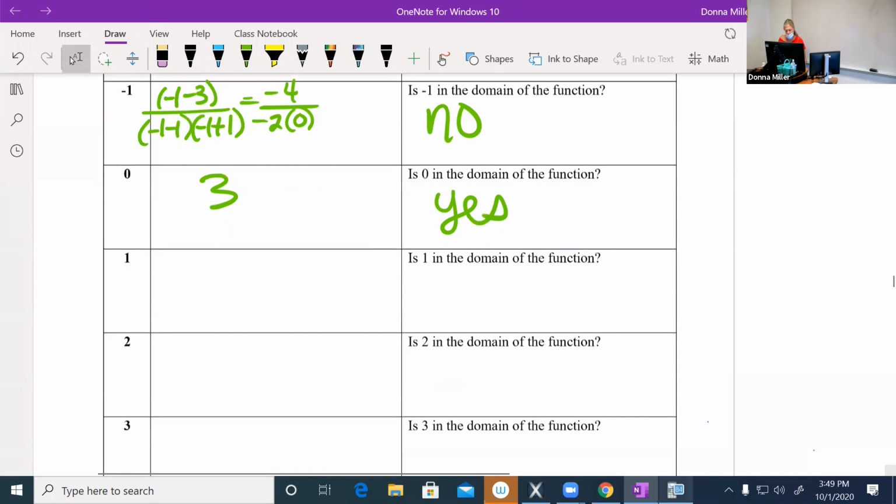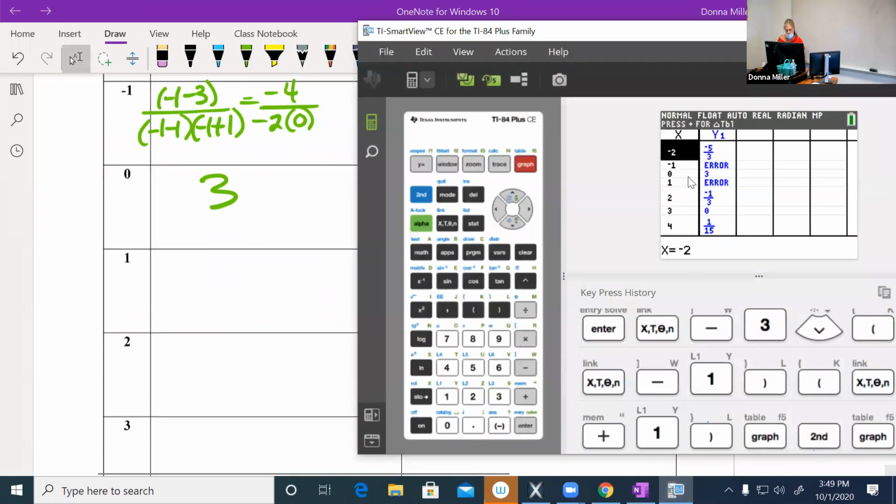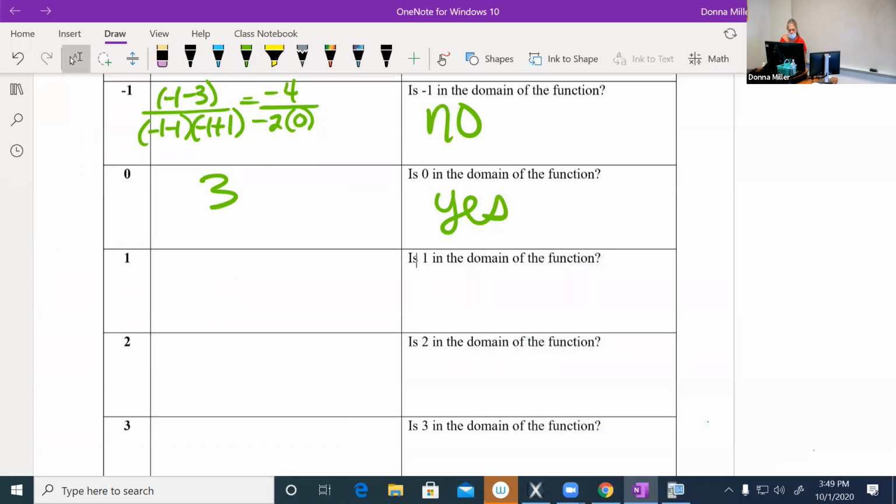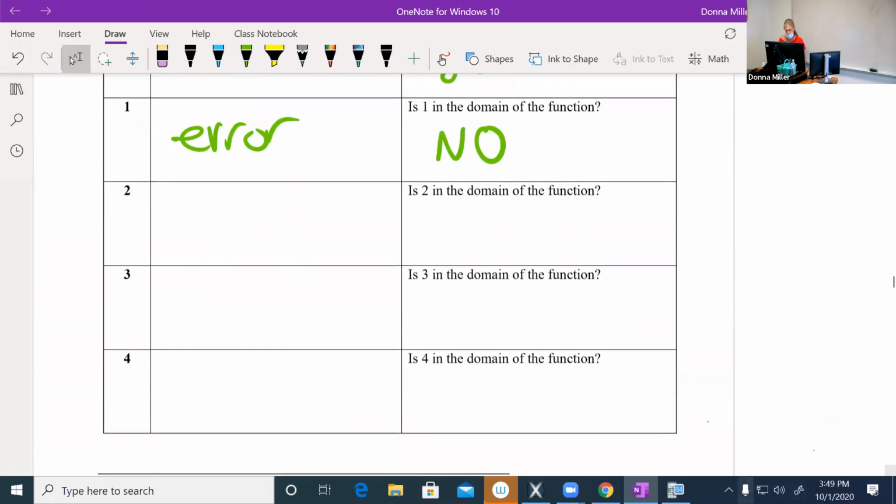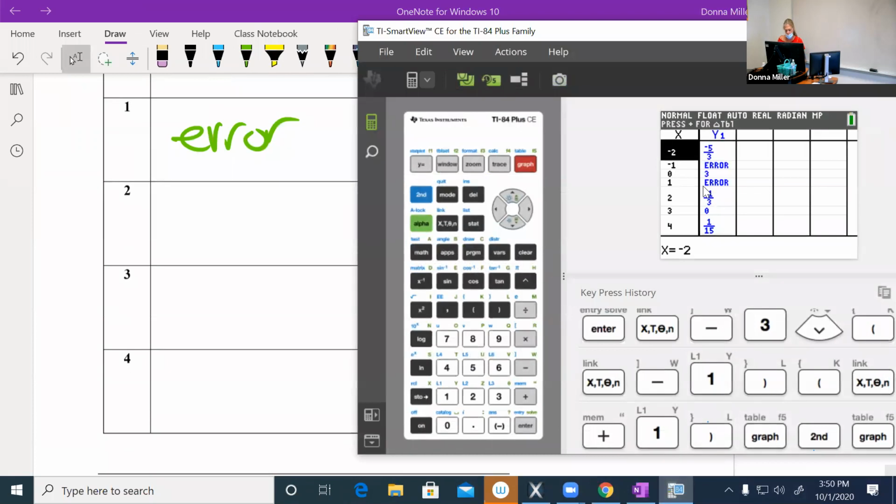Is 1 in the domain? Let's go to our calculator. See, 1 has an error. So 1 is not in the domain. That's another vertical asymptote. All right. Let's see, 2, 3, and 4. Let's go look in the table. So 2, 3, and 4 look good, right? You got values out. Yeah, negative 1/3, 0, 1/15.